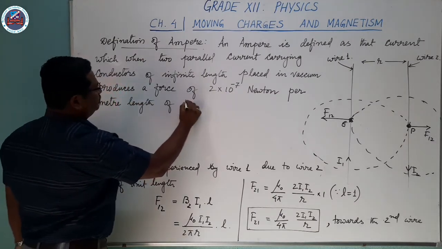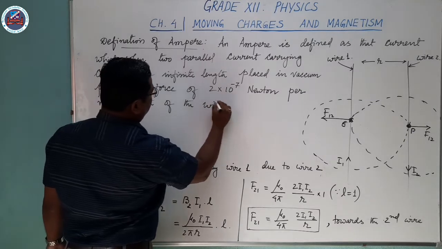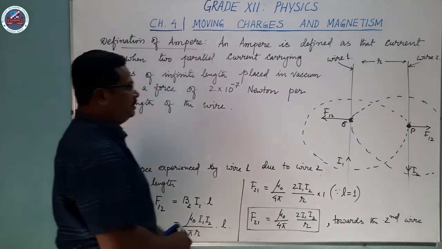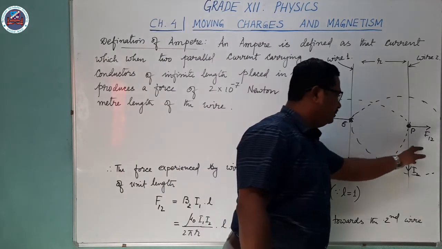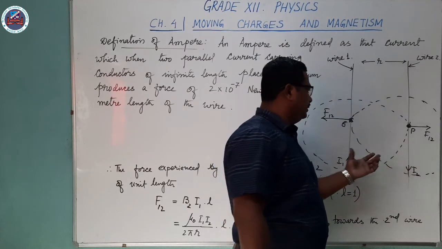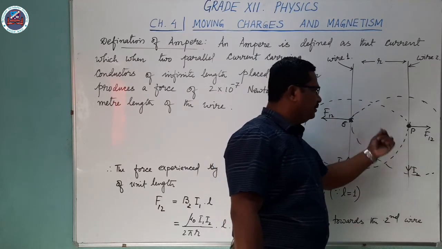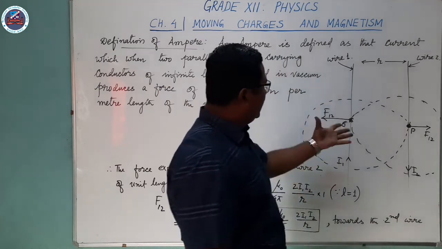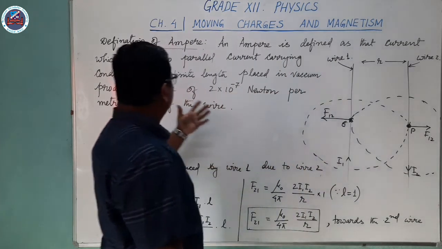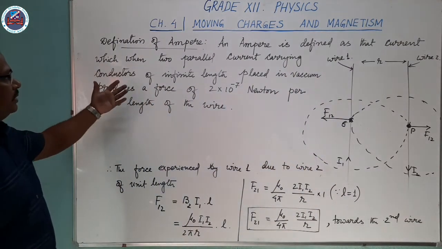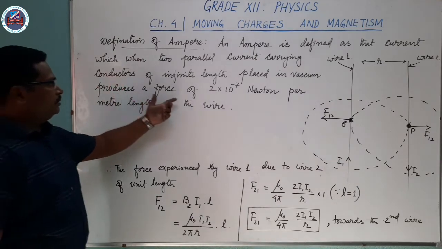It says like this: if you allow current to flow through two parallel wires, and they attract each other or repel each other, if they produce a force equal to this one.